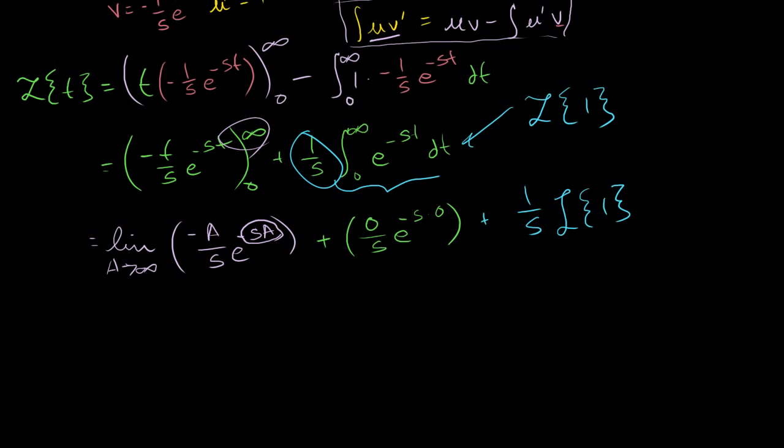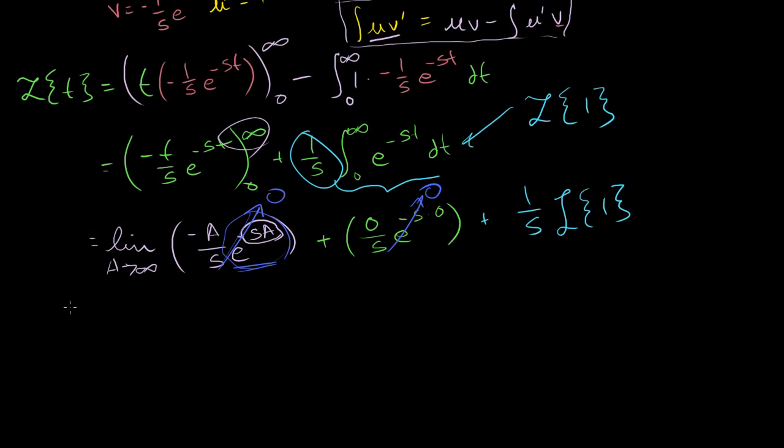This term is a much stronger function. You could try it out on your calculator if you don't believe me. This term is going to overpower this term, and so this whole thing is going to go to 0. Likewise, e to the 0 is 1, but you're multiplying it times the 0, so this is also going to go to 0, which is convenient because all of this stuff just disappears.